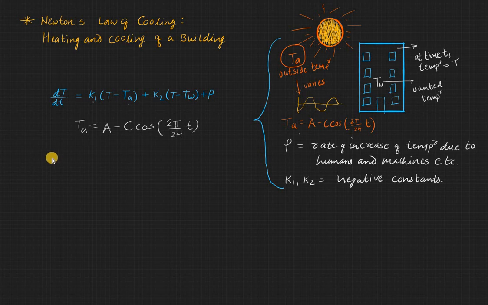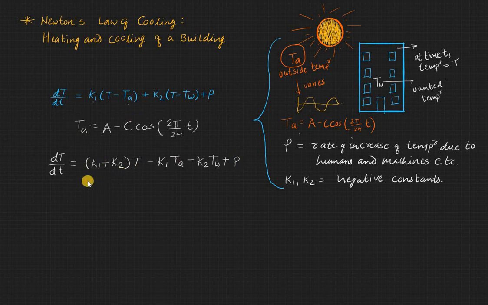First of all, I am going to couple up K1 and K2 into T minus K1 into TA minus K2 into TW, plus we have P as a constant.